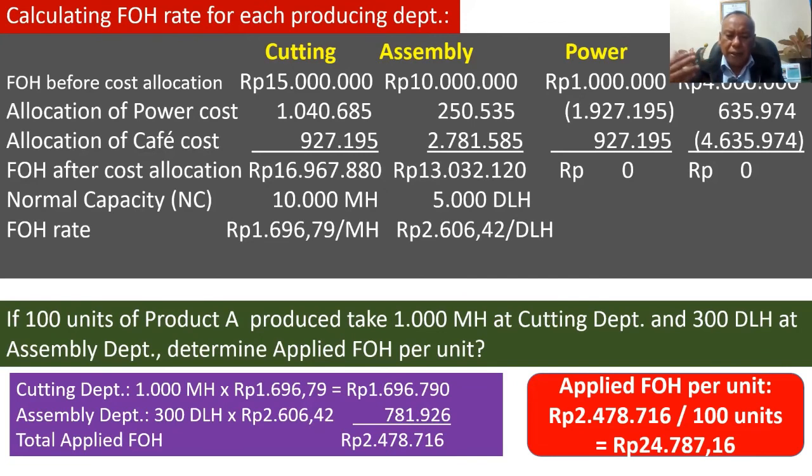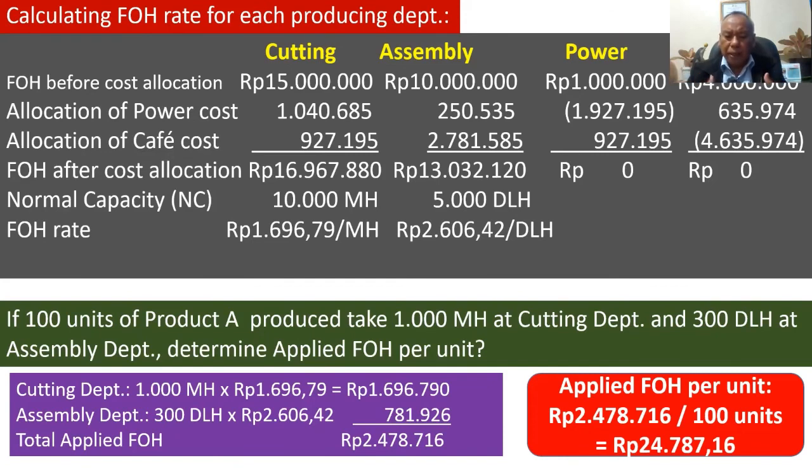The main difference among the three: if you are using the direct allocation method, the service department costs are directly allocated to producing departments. There is no allocation to other service departments. If you are using the non-reciprocal allocation method, the service department allocates its costs to production departments and other service departments, but non-reciprocally.